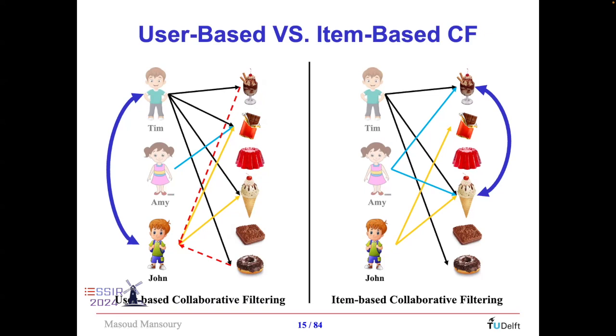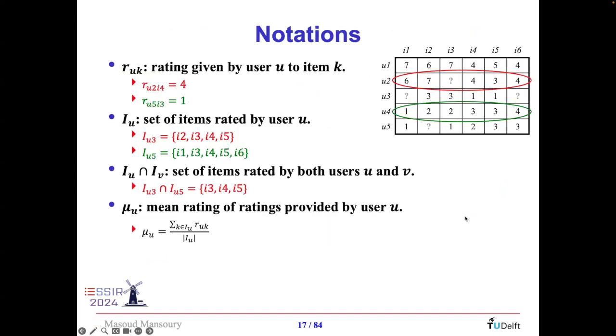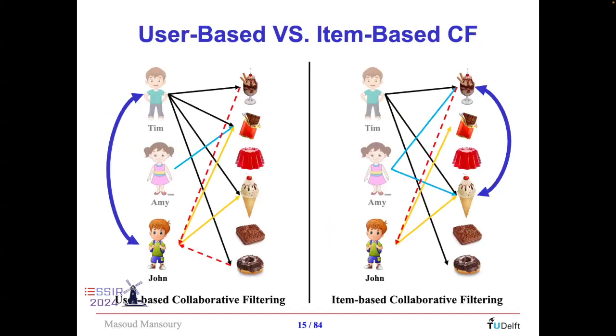So probably we can say this item here is the best candidate to be recommended, the best candidate to be shown to John. So this is the example of the basic mechanism behind item-based and user-based collaborative filtering.